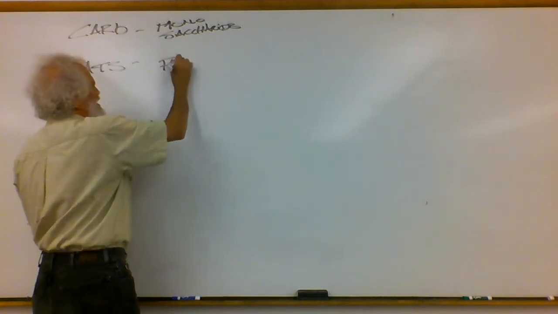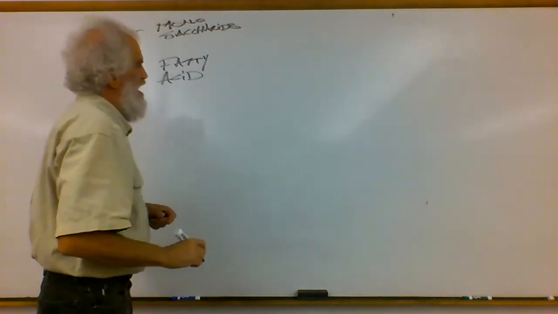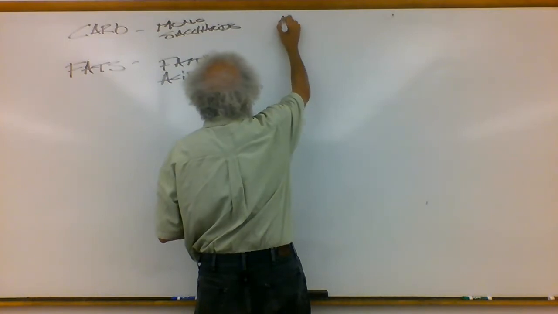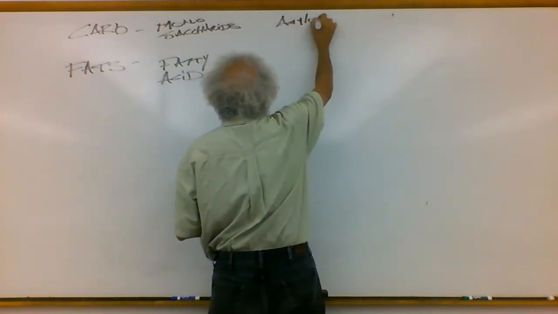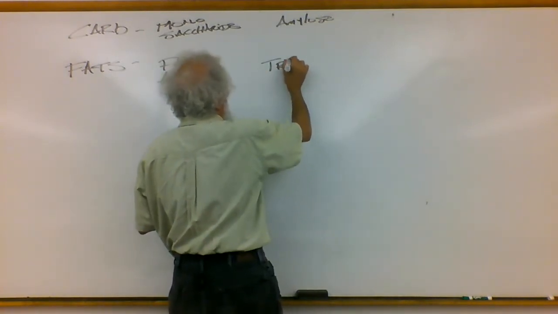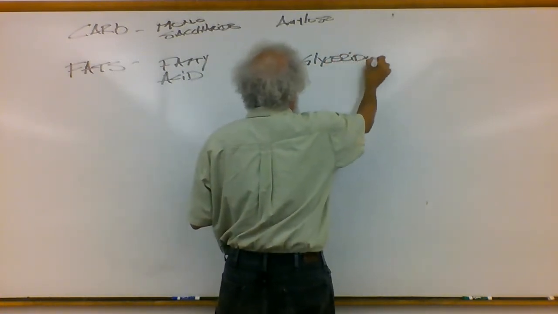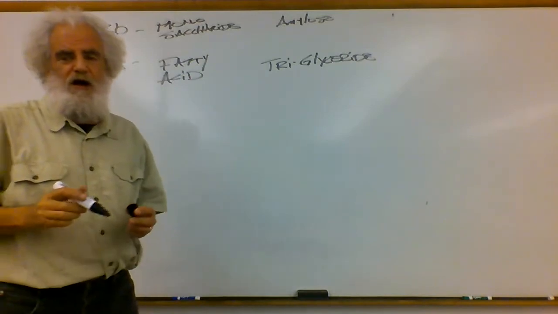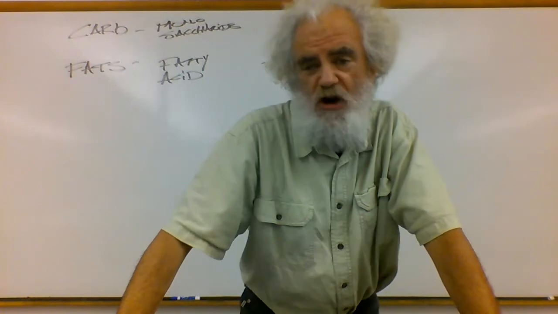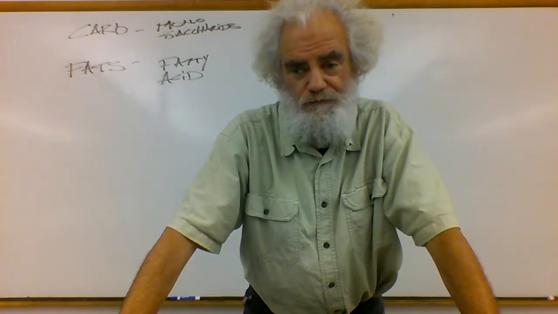It is the fatty acid. The polymer for carbohydrates, a good polymer might be amylose. And for fatty acids, a good polymer might be a triglyceride. And an example of a carbohydrate polymer might be, say, starch or cellulose.